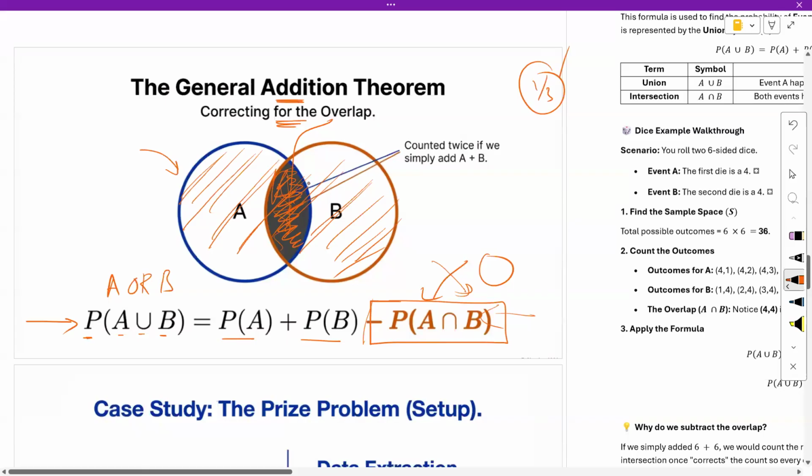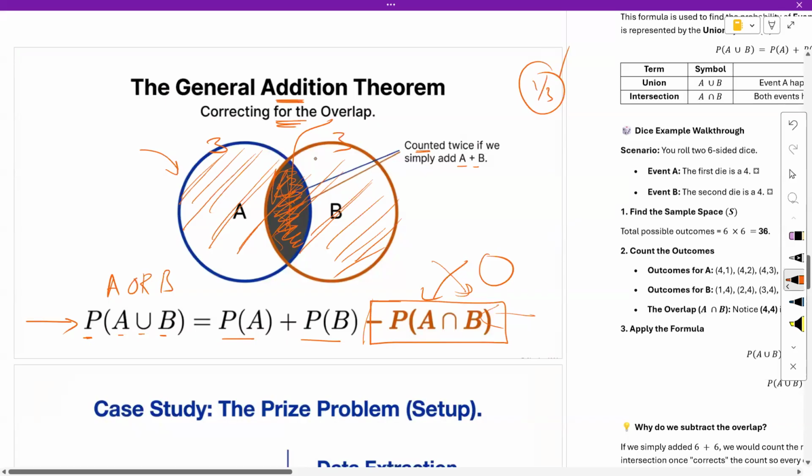Why? Is there any logic behind this? Because it is counted twice. It is counted twice if we simply add A and B. Say for example, this is 3, this is 3.